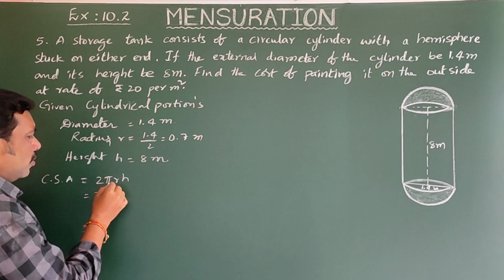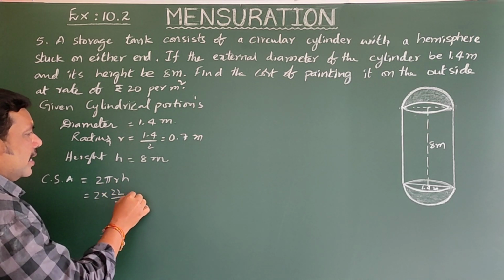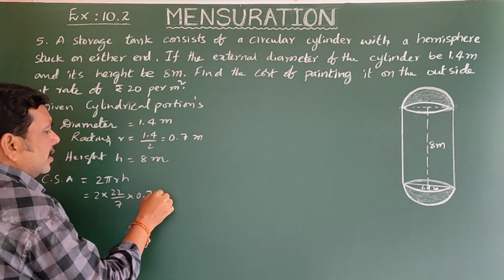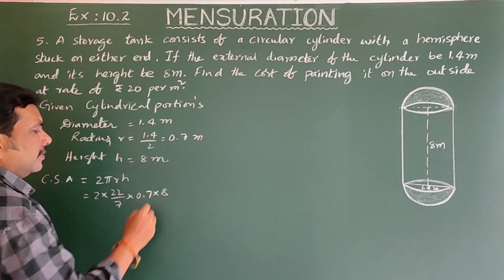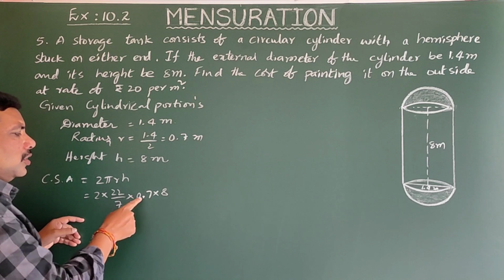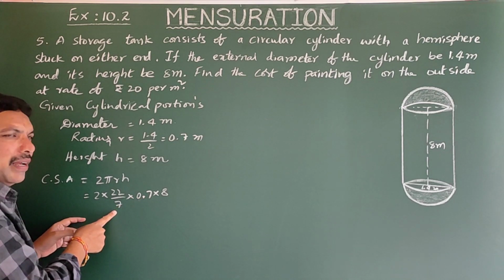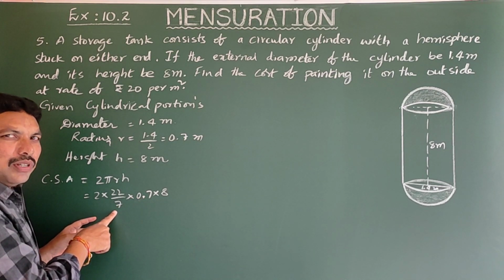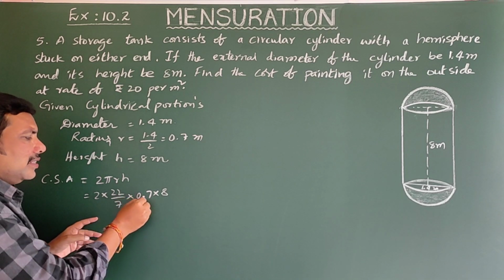That is equal to 2 into pi, take 22 by 7, into radius 0.7, into height 8, right? Here 0.7 in 7, how many times can it cancel? Yes, 10 times. 7 gets cancelled.